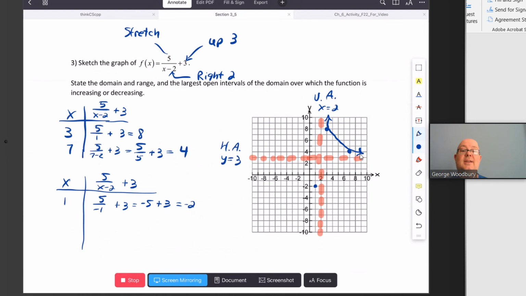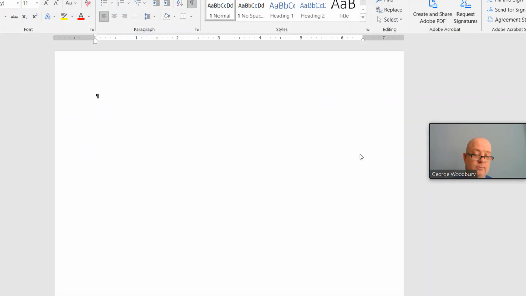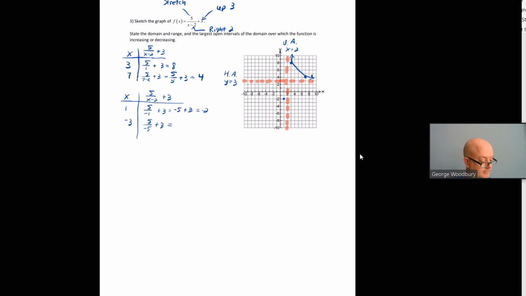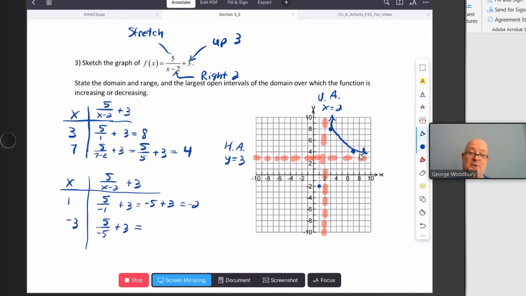And then finally, I need a value for x that's going to make that denominator -5. And -3 does the trick. -3 minus 2 is -5. 5 divided by -5 is -1. So I've got -1 plus 3, which is +2. So at -3 for x, we're up at +2. Draw the curve through those 2 points, approaching the asymptotes.